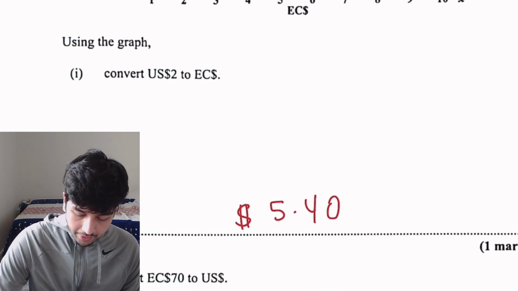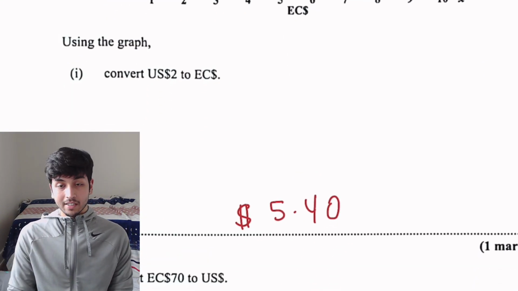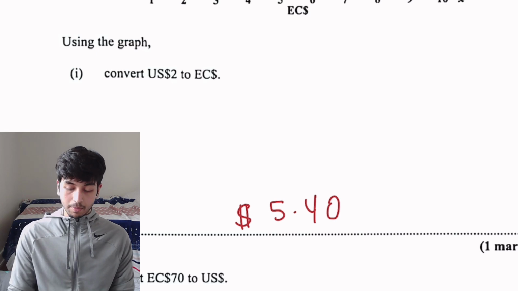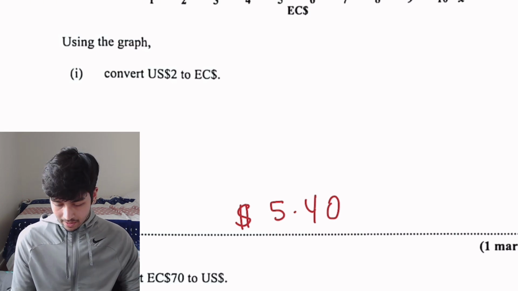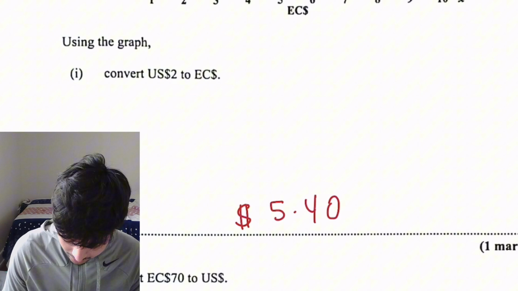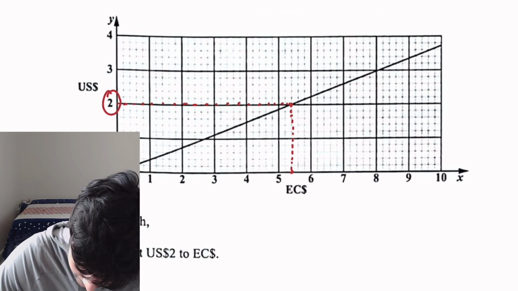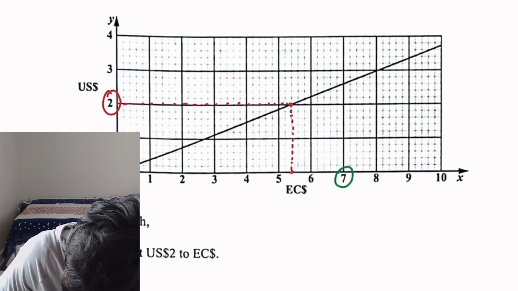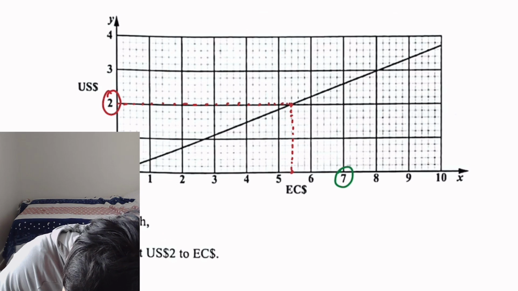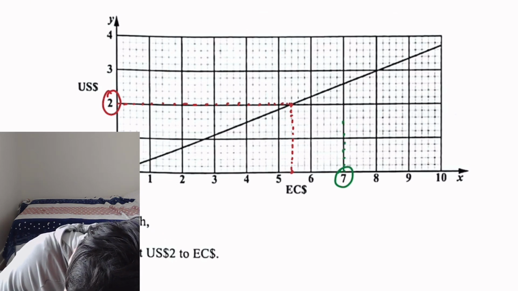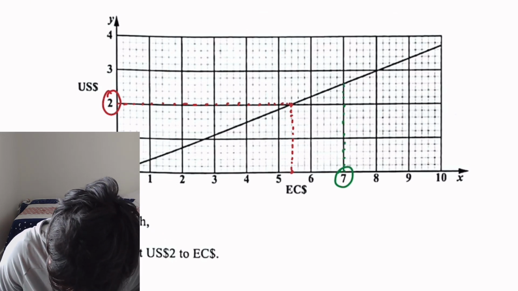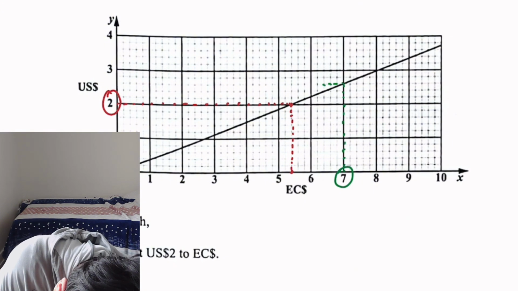So we can't read off the graph what $70 is in US, but we can read off what, for example, $7 is. So let's see. If we were to look at $7 EC, it's over here. We're going to carry it up to the relationship line, and then carry it across.